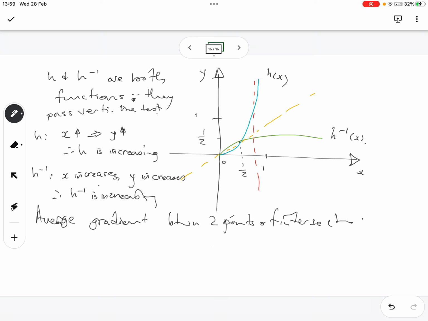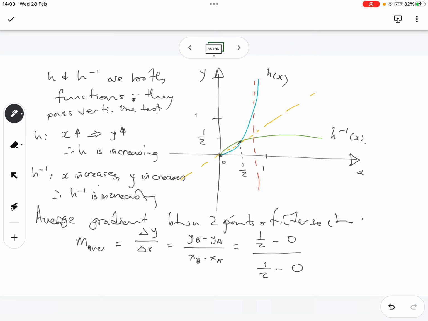So we have to find the average slope between the points 0, 0 and a half, a half, which are the 2 points of intersection. And that would be m average equals change in y over change in x, which is y b minus y a over x b minus x a.